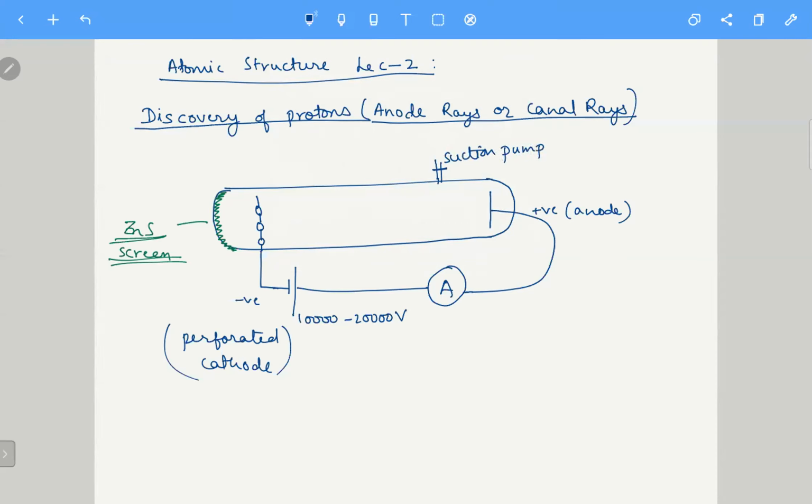This is the discharge tube. The pressure inside the container is reduced to around 10 raised to minus 5 atm. At such low pressures and such high voltages, the gas molecules undergo ionization.